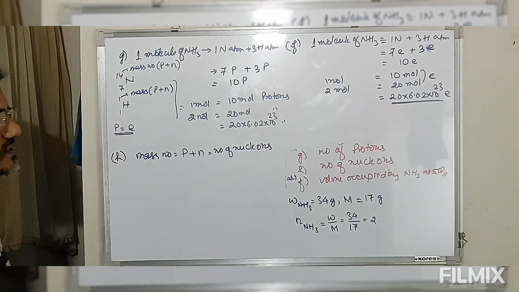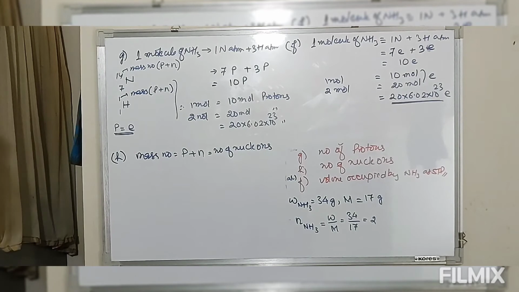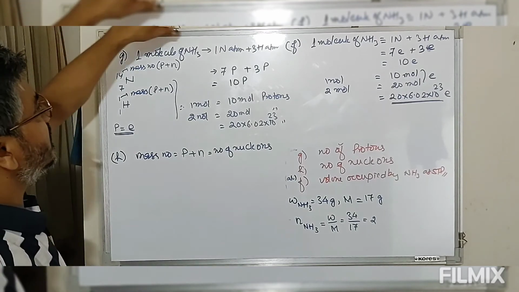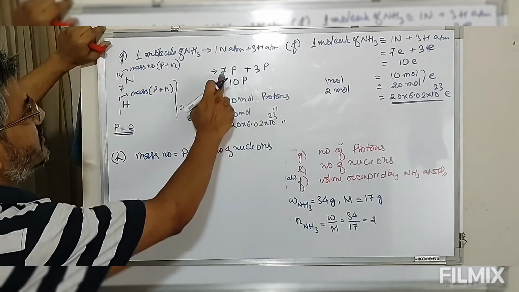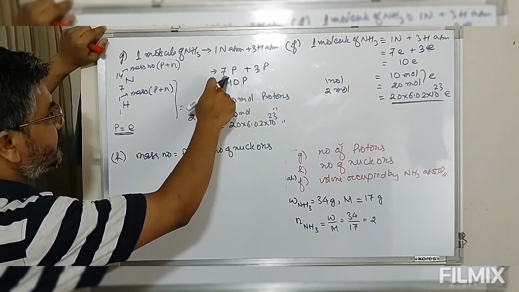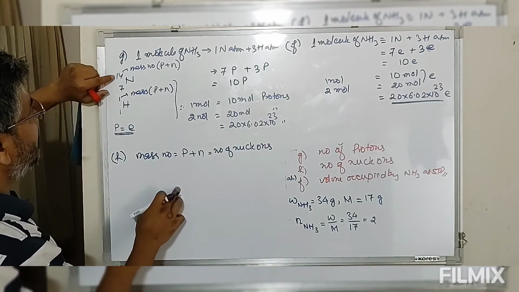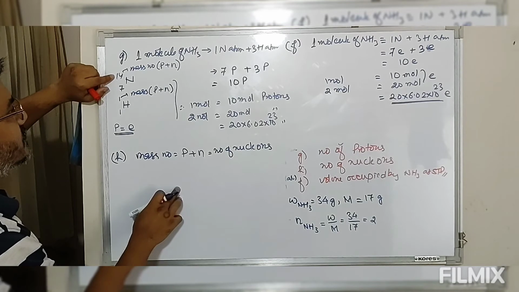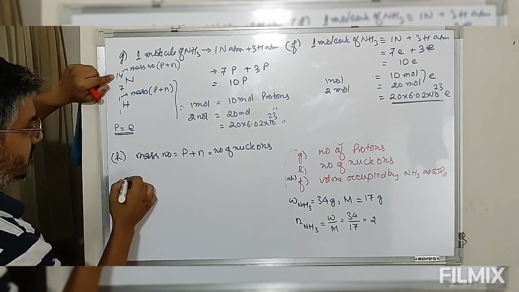So the number of nucleons is nothing but the total number of protons and total number of neutrons. So again look at this, one molecule of ammonia contains one nitrogen atom. So we have 7 protons and the mass number of nitrogen is 14. So now look at this, the number of nucleons present in nitrogen.